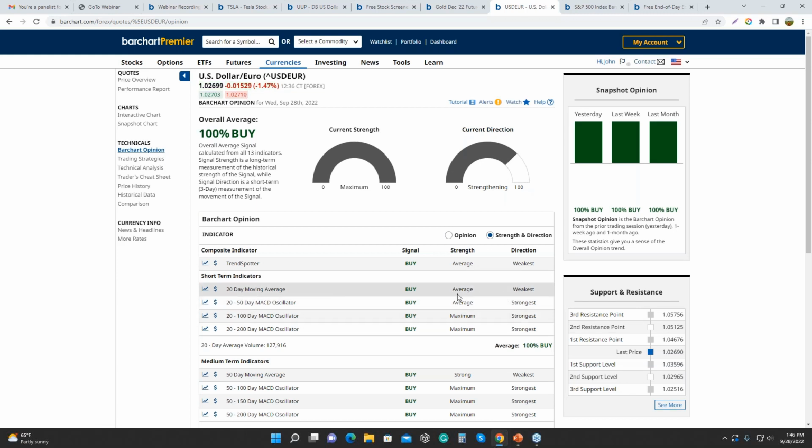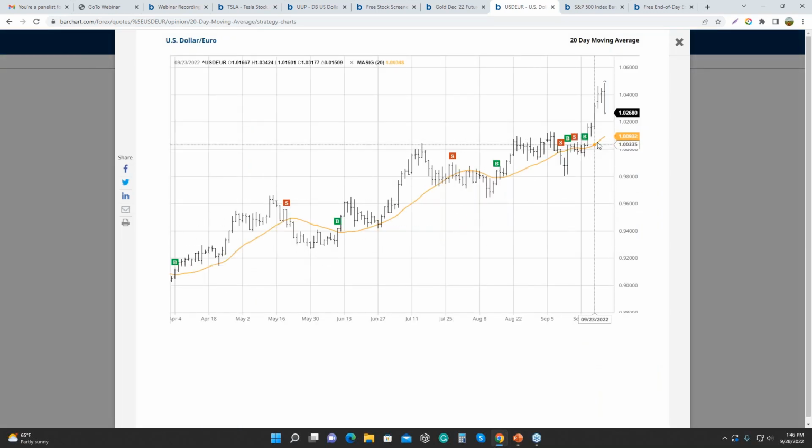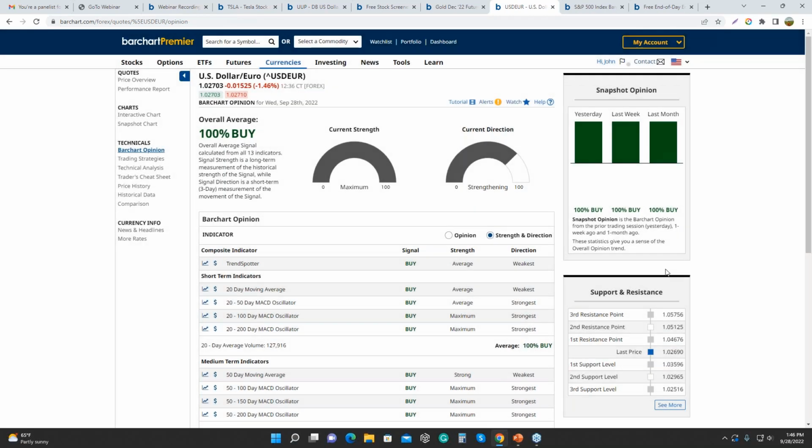Here's our 20-day. It's been cruising along really nicely, but we diverged really far away, and now we're getting that weakest momentum. It's moving closer and faster, right? So this would be an opportunity to maybe look to sell some volatility. I hope that answers that question. All right.